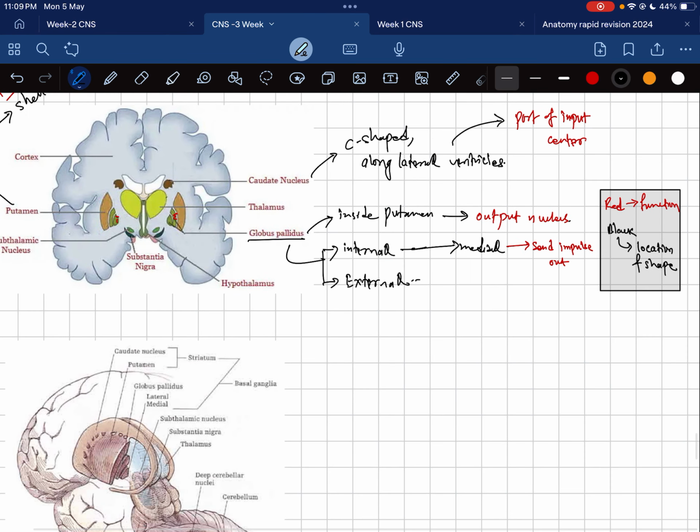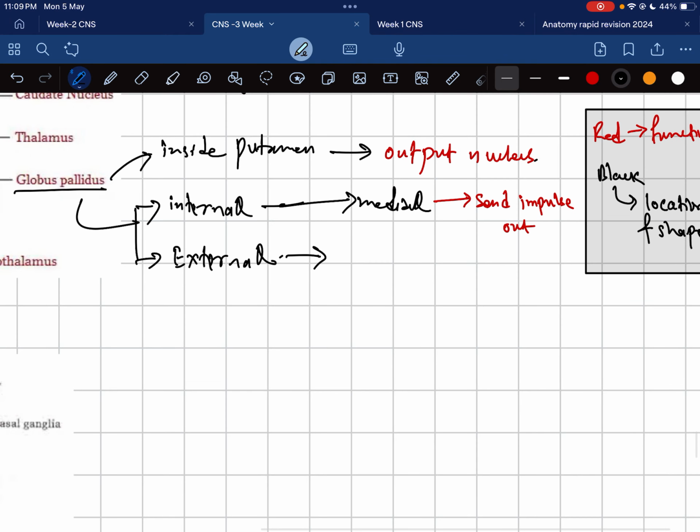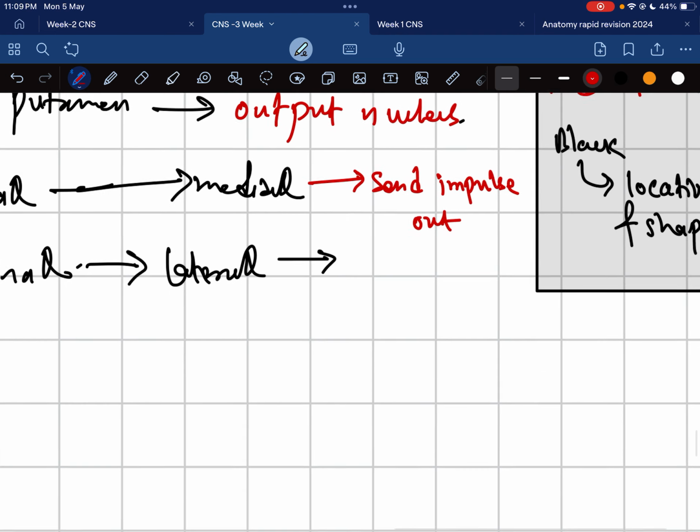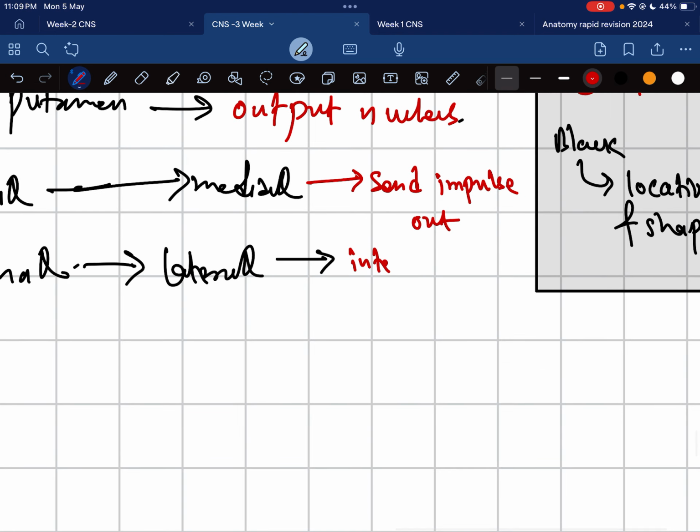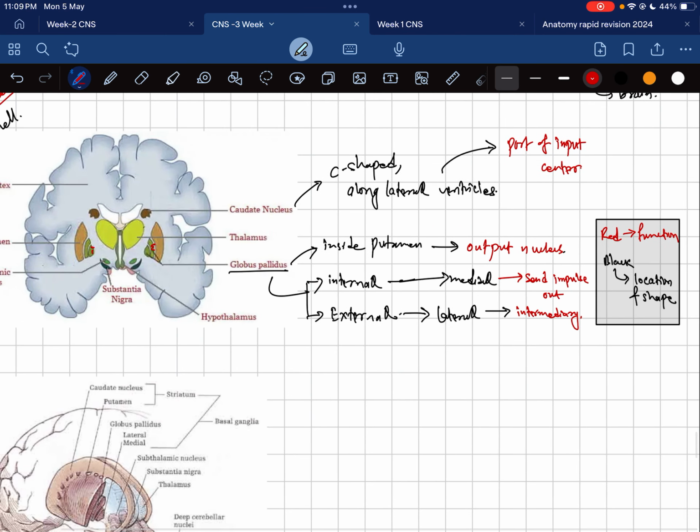The external segment is on the lateral side, and its function is as an intermediary. When we discuss the pathways, we will see how it is intermediary. Moving on, the subthalamic nucleus.